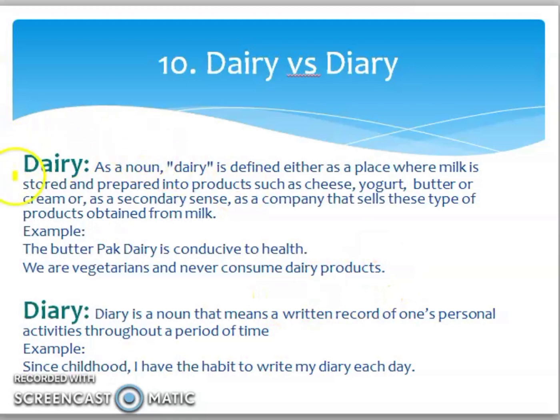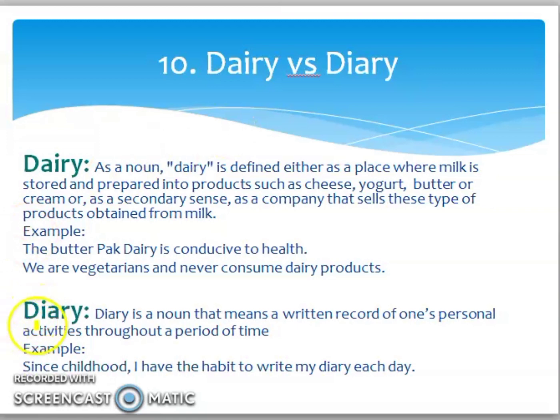So technically, these seem to be like words, but they are different. So you need to be very careful with the spelling. It is really tricky. You could see that D-A-I-R-Y and D-I-A-R-Y. Okay, so the shuffling just goes with the alphabet.